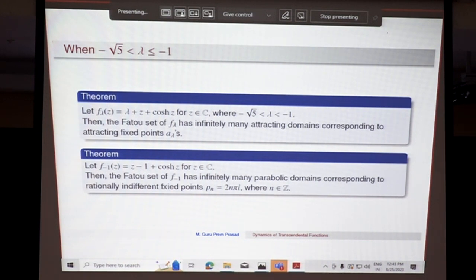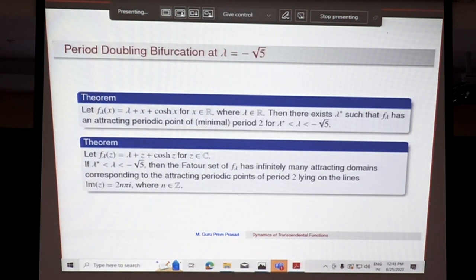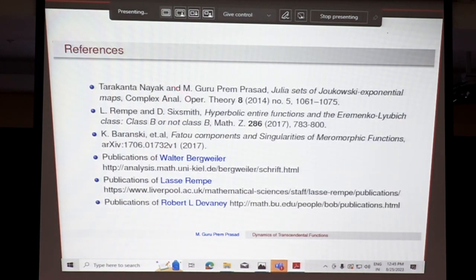At that time, there is another periodic point of period 2 coming in as attracting. So that is called period doubling bifurcation, which occurs in this function, especially at these parameters -1 and -√5, where the change in the nature of the dynamics occurs. So at lambda equal to -√5, it becomes a period doubling bifurcation. So these are the things.